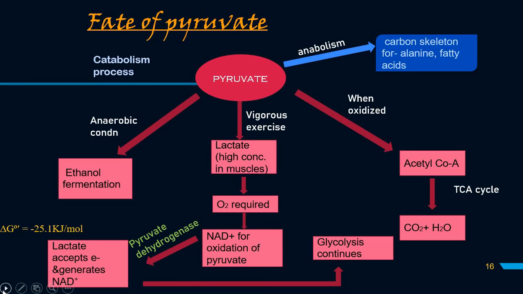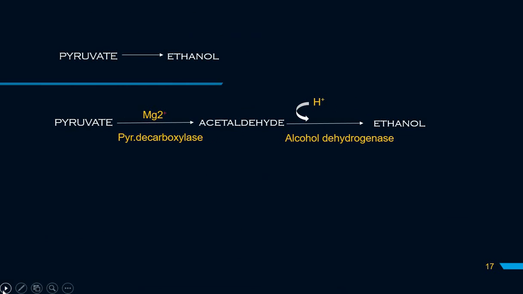The amount of free energy liberated in converting lactate to glucose is minus 25.1 kilojoule per mole, and in ethanol fermentation, the reaction is maintained at equilibrium condition. This is the reaction of forming ethanol from pyruvate. The pyruvate is first converted to acetaldehyde and then it is converted to ethanol.